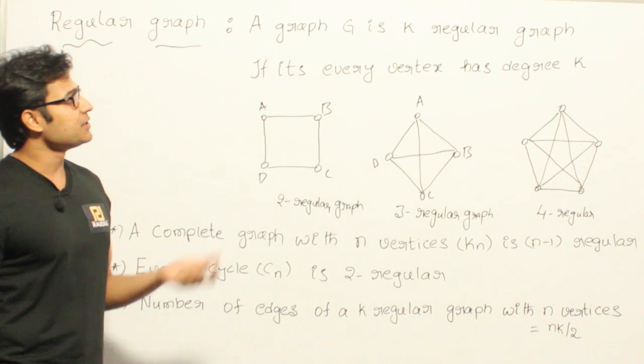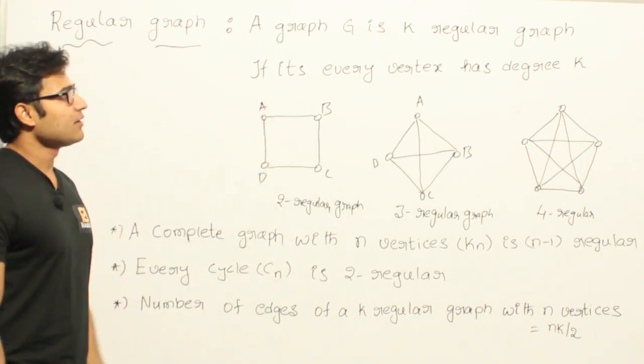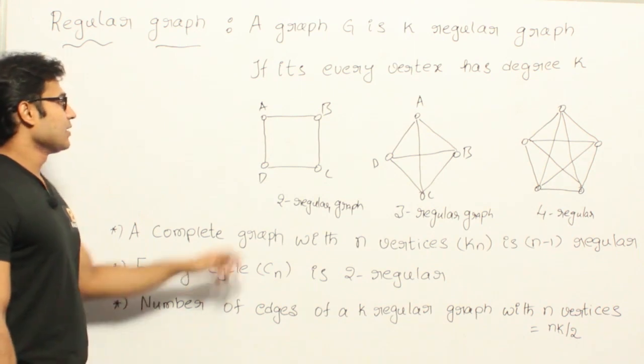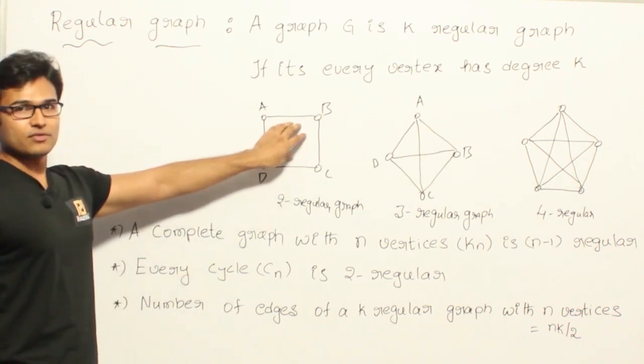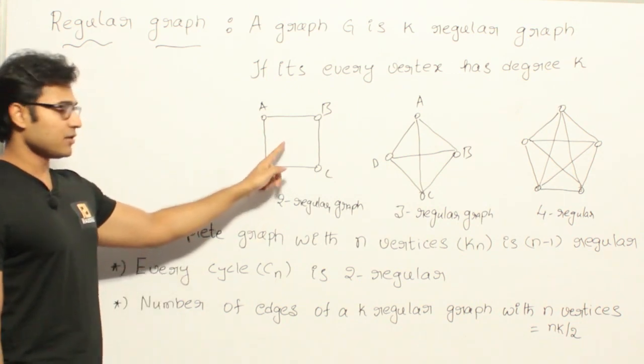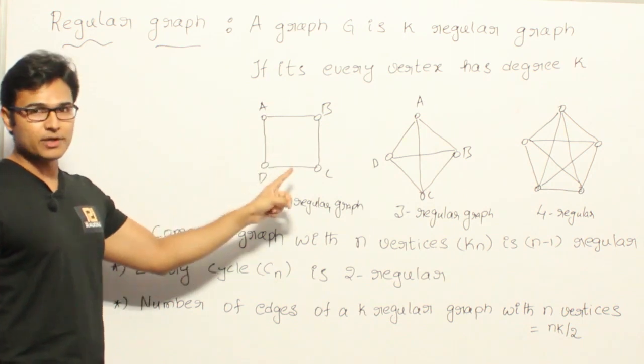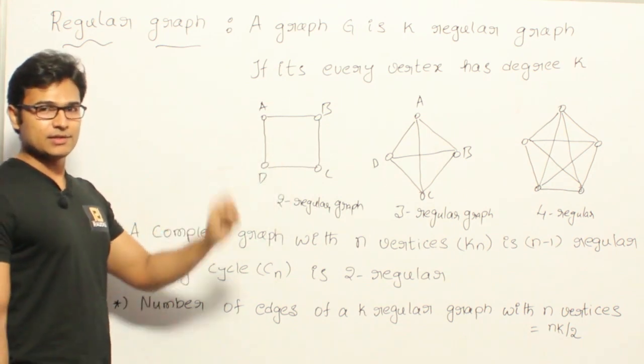A graph G is a k regular graph if every vertex has degree k. So if you see this graph, all the vertices have degree 2. That is why it is called a regular graph, because all the degrees are equal, and also it is called 2 regular because that degree is equal to 2.